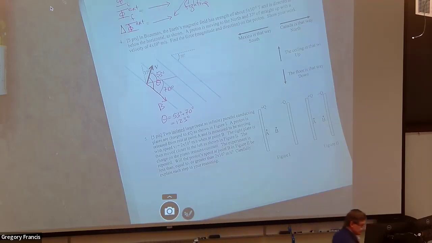Can you do an example where the B field and the velocity aren't in the same plane, but they're not at 90 degrees?